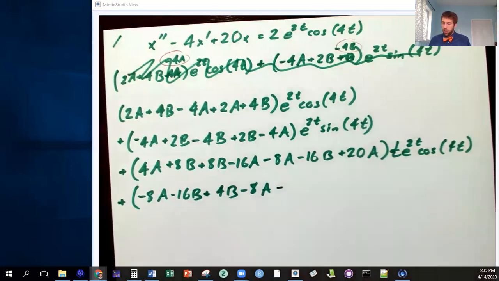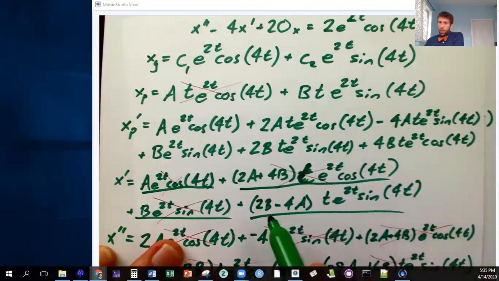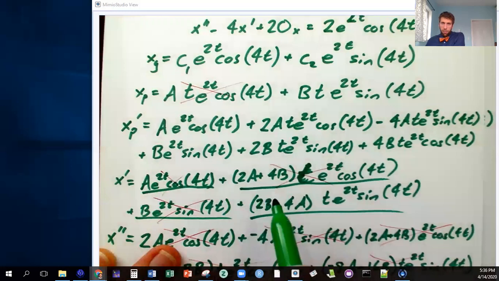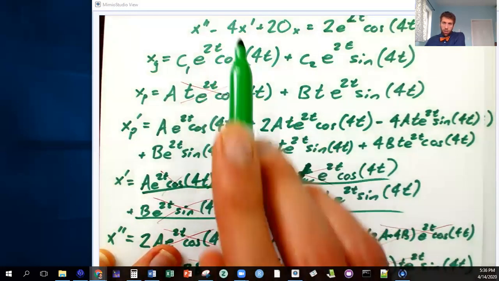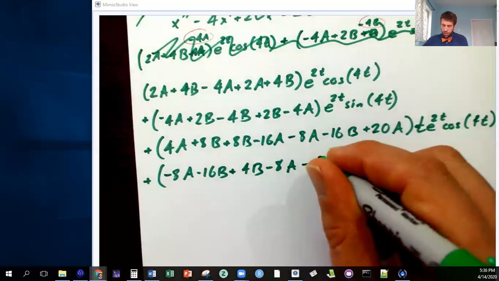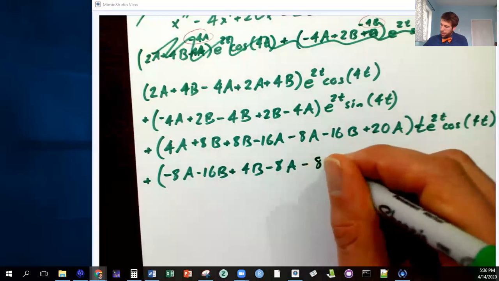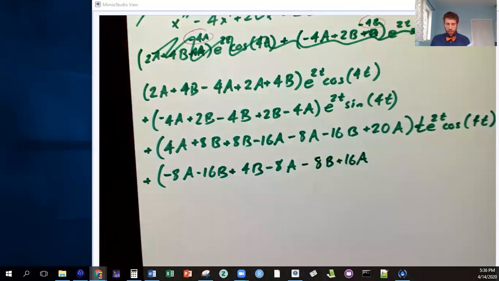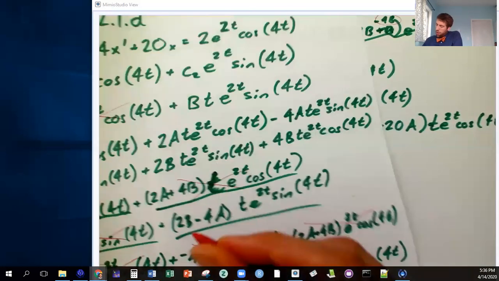So I have this term here, 2b minus 4a, that's part of x prime, but I'm multiplying it by negative 4. And so this becomes negative 8 and positive 16. Minus 8b plus 16a. Okay, so then I got that term.